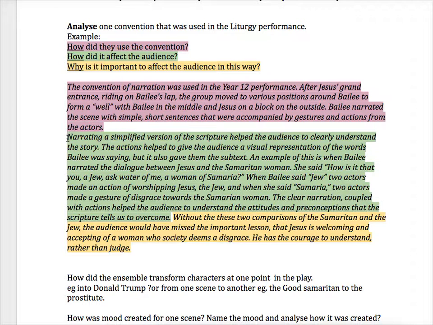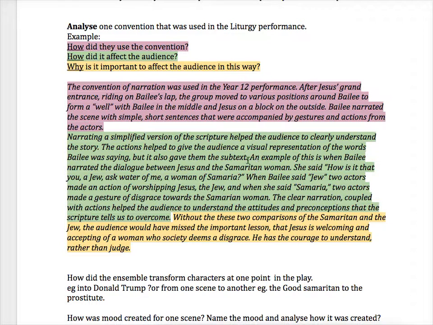Narrating a simplified version of the script helped the audience to clearly understand the story. The actions helped to give the audience a visual representation of the words Bailey was saying, but it also gave them the subtext. And it's always good to include an example just to further explain what you're talking about, because this on its own wouldn't be enough to give the reader a sense of what you're talking about.